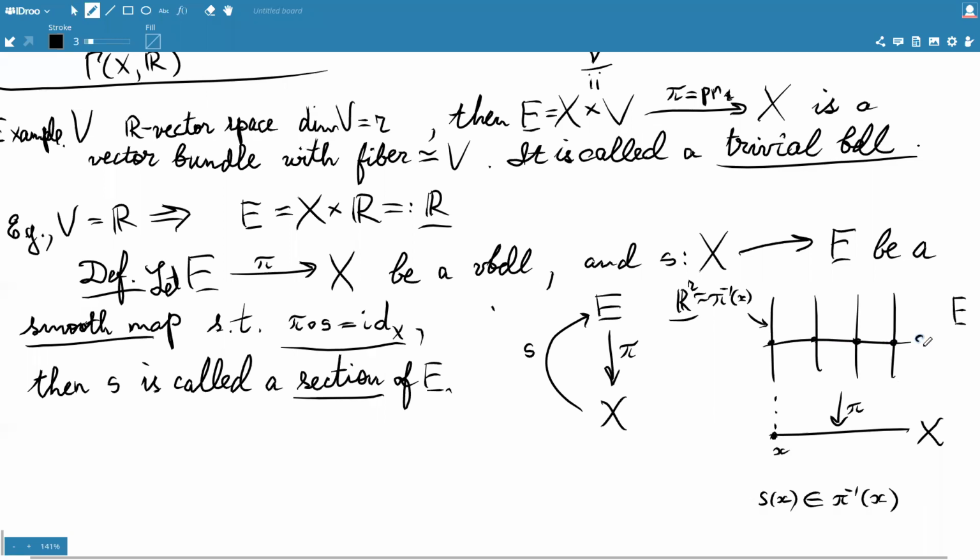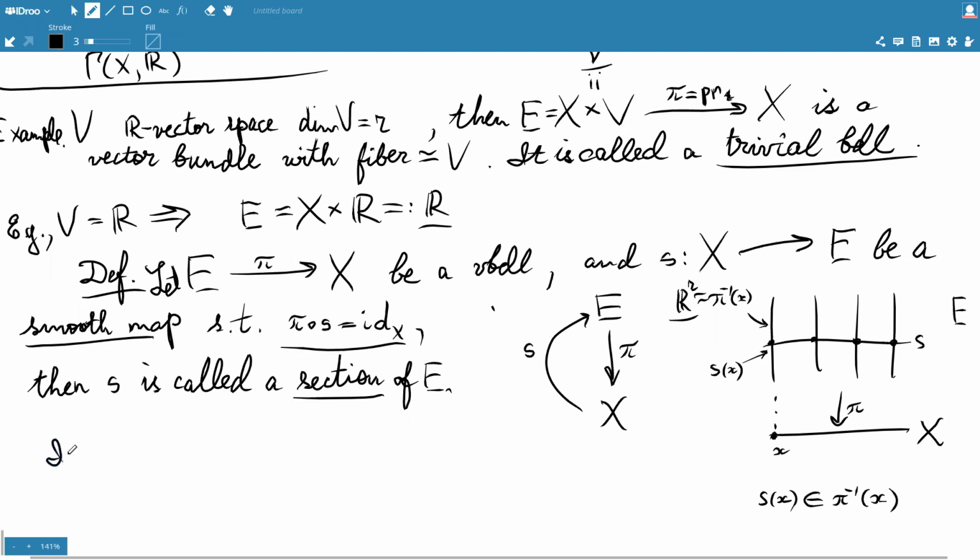So concretely it's the point S of x. Any such smooth map with this condition is called a section.